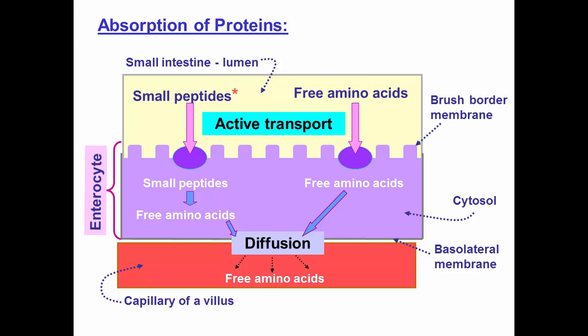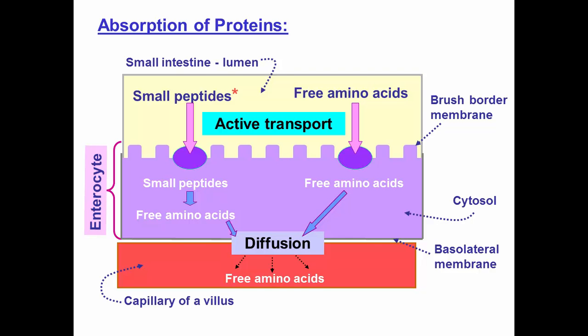So those small peptides and free amino acids come across the brush border by active transporters. The main or first point I'd like to make is that there are separate absorption mechanisms for small peptides and free amino acids, and there are specific ones for various amino acids and small peptides.